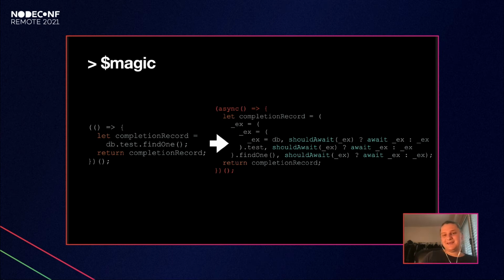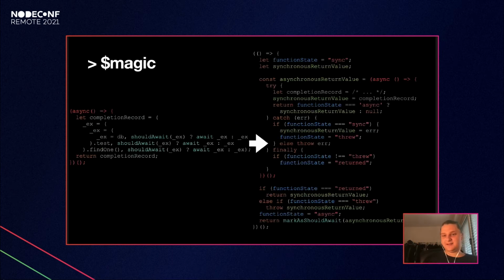And well, there's a third step, and I'm not going to go into detail on all of this. If you find this interesting, which I hope you do, because I'm talking about it since I think it's interesting, then feel free to look at the slides later. But the general idea is that there is a way to take an async function, and if it returns synchronously, wrap it in a way that the wrapper function also returns synchronously.